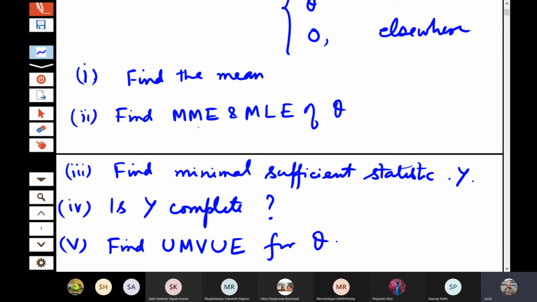The first one, let us call it T1. This one I will call T2, and the UMVUE, let us call it T3.